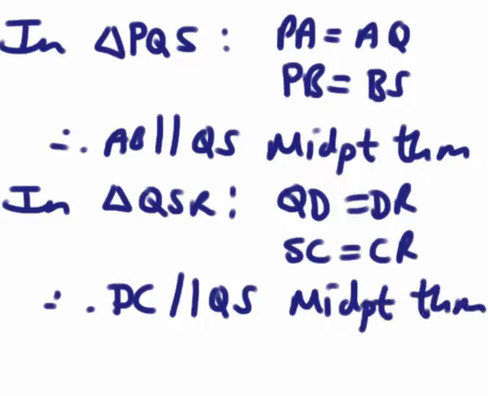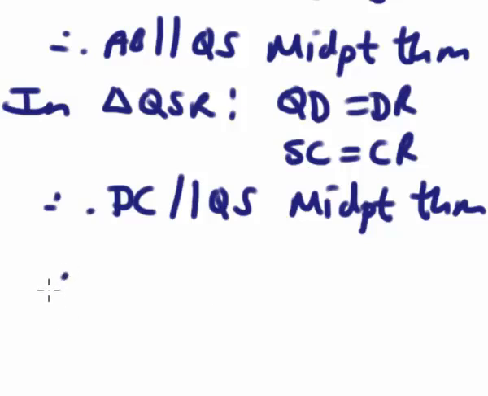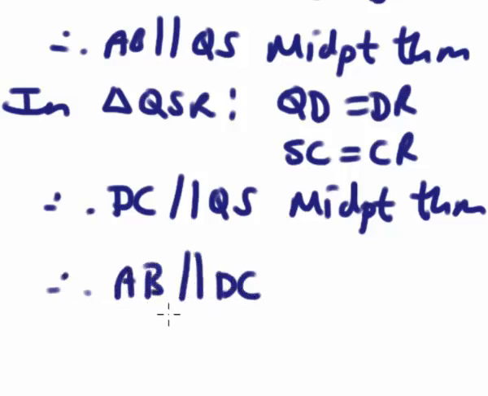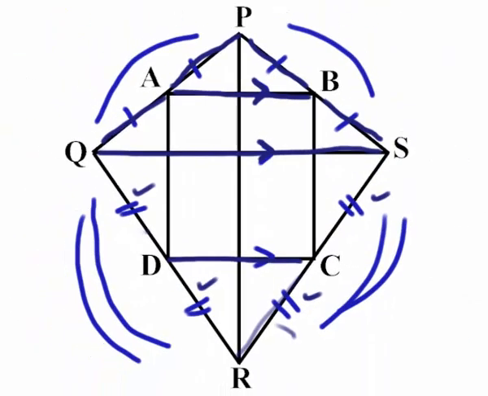Okay, cool. Then we can say that therefore AB must be parallel to DC, because if you think about it carefully, all those three lines are parallel. Now if I look at this, I want to prove now that AD is parallel to BC. If you look at triangle PQR, what do you know? Let's write that down.